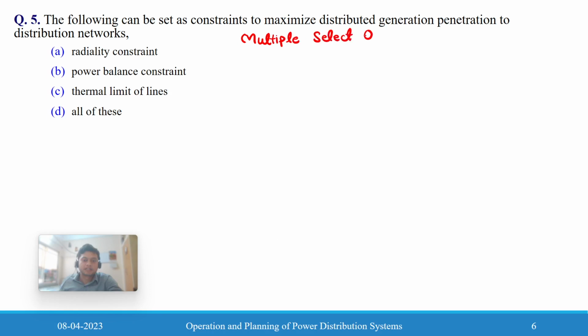So type your answer in the chat box. The following can be set as constant to maximize distributed generation penetration to the distribution networks. A option is radiality constraint, B option is power balance constraint, C option is thermal limit of lines, D option is all of these.